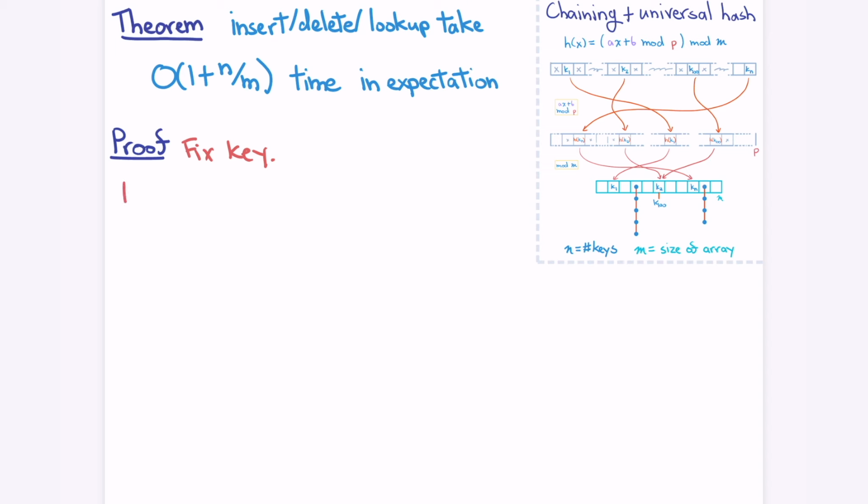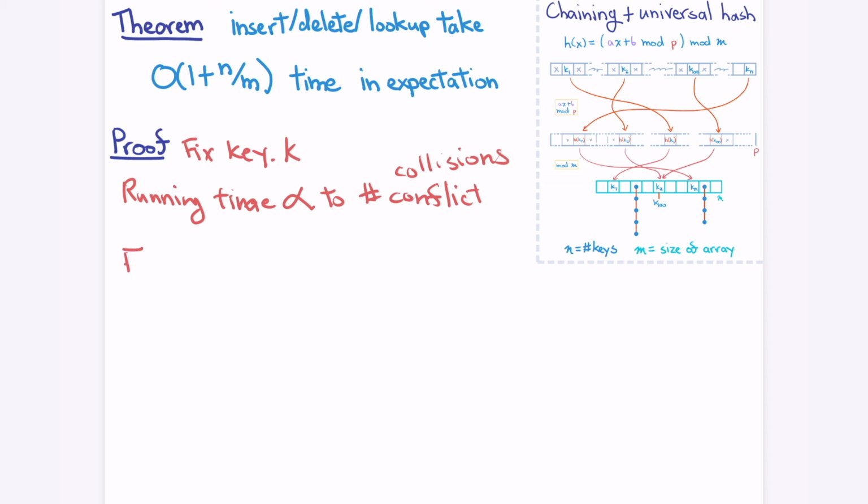So the running time is going to be proportional to the number of collisions, because that's how long the linked list will be. Now we just have to figure out how many other keys we expect to collide. So the expected number of collisions.